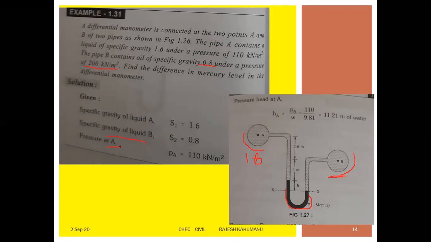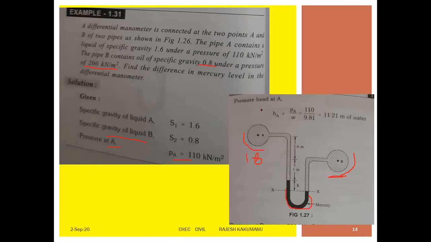Next, the pressure at A, PA, is equal to 110 kilonewton per meter square. Next, the pressure at B is equal to 200 kilonewton per meter square. Then what do you have to find? The difference in the levels.